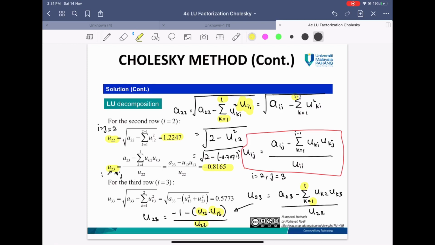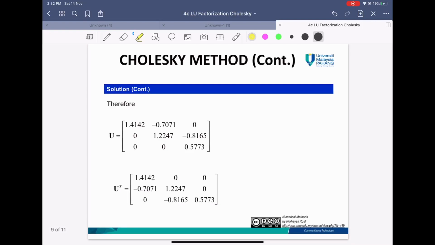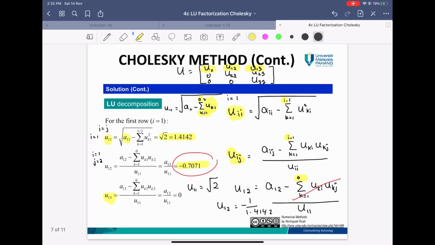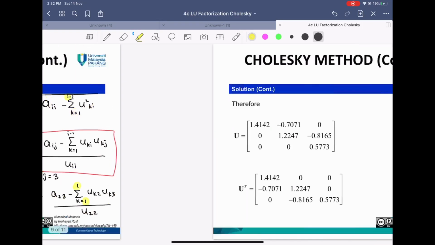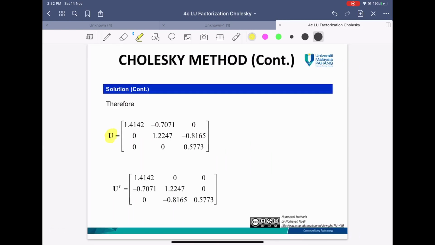And then for the third row, we have U33. That means you have to apply the formula for UII. And then substitute into matrix U, you will get this matrix. And then U transpose, where the first column here, when you transpose, will become the first row.